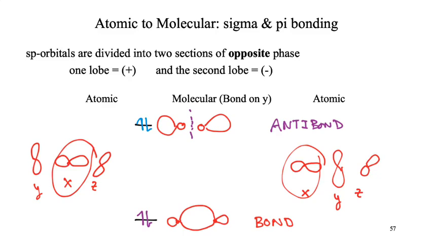Not only does it cancel out, our antibond is higher in energy than our bond is lower in energy, which means the net result of putting 4 electrons in both of those is an antibond, meaning that bond breaks. We're done.